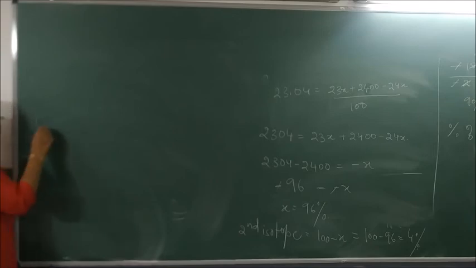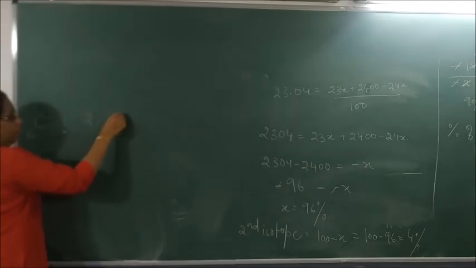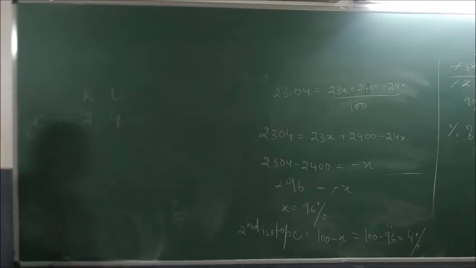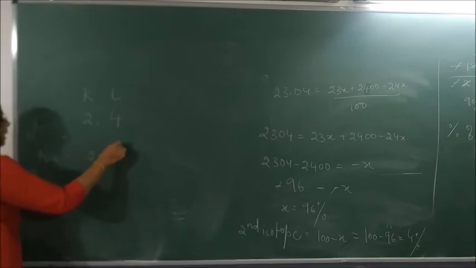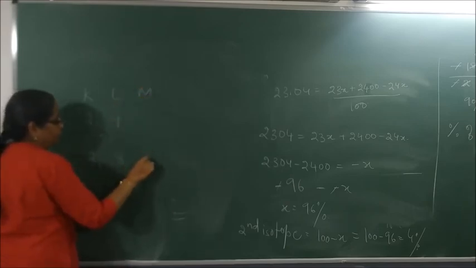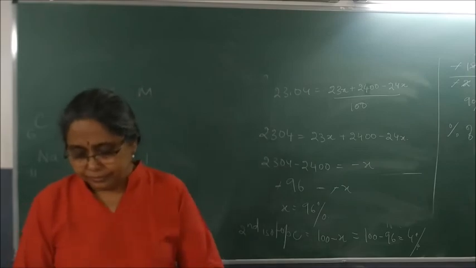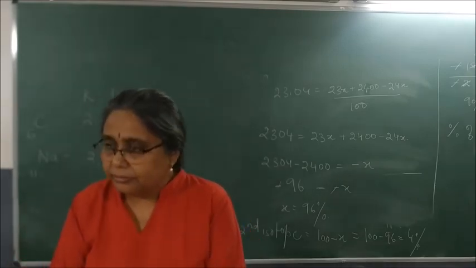So what will it be? 2 and 4. K shell 2, L shell 4. Sodium is 11. So K shell 2, L shell 8, M shell 1. So 2, 8, 1. Done.